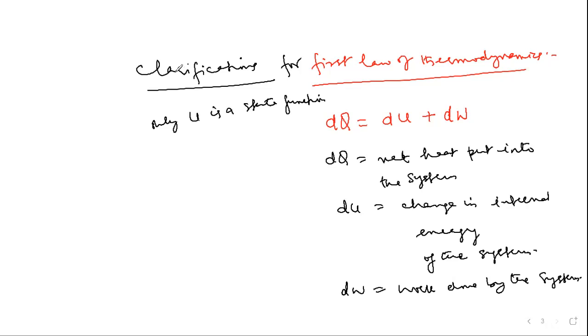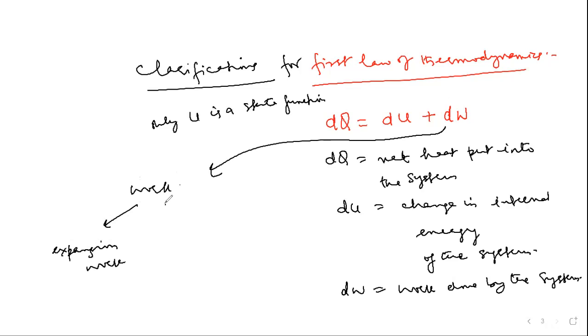Now, I want to first mention that when we talk of this work here, it has kinds. One kind of work is called expansion work. Second kind of work is called non-expansion work, right?